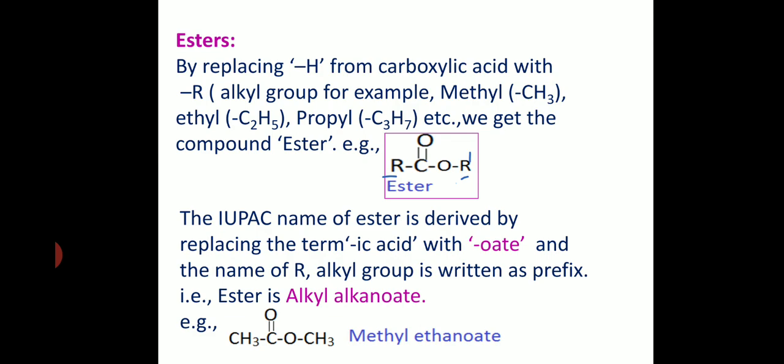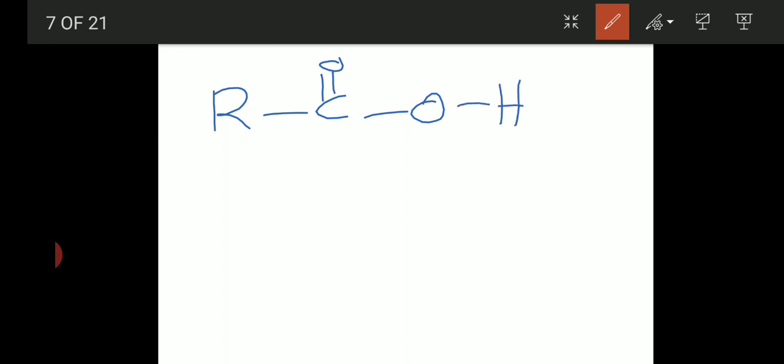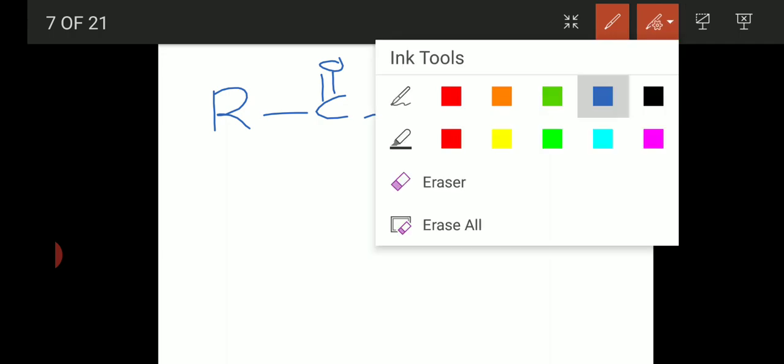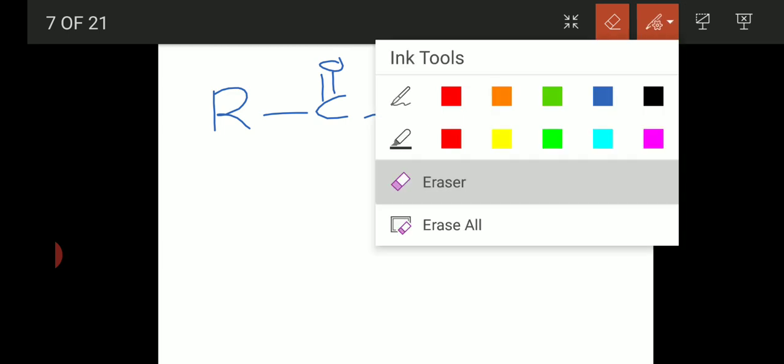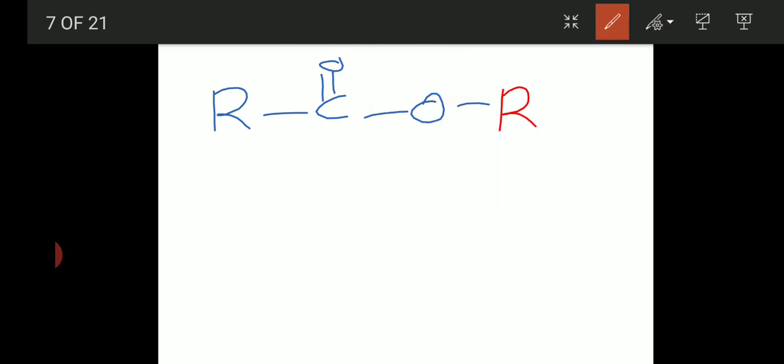Okay, how? We shall see. RCOOH is carboxylic acid. In carboxylic acid, in place of H, if we substitute R, it may be the same or different, we get an ester.